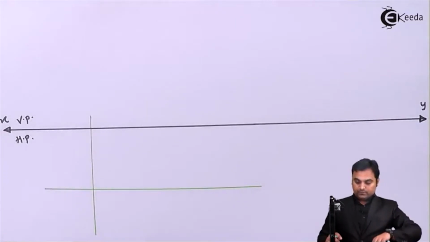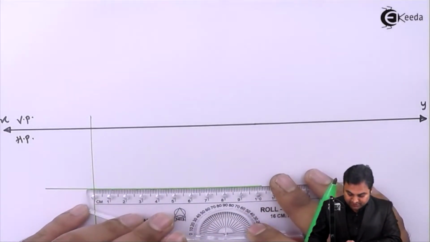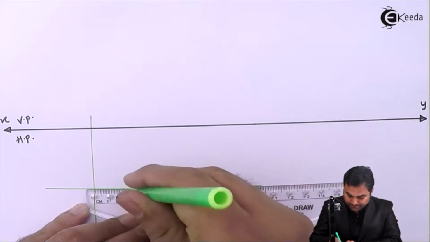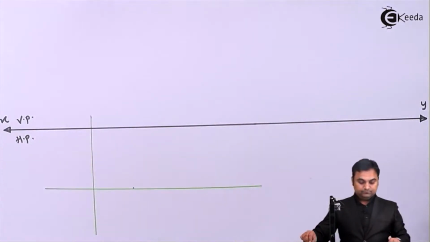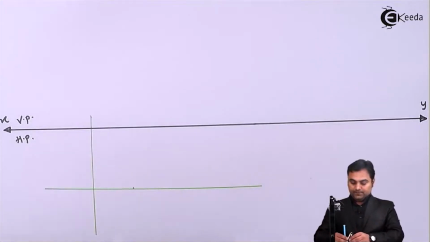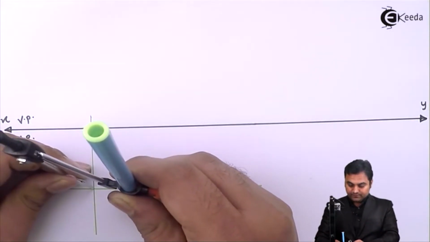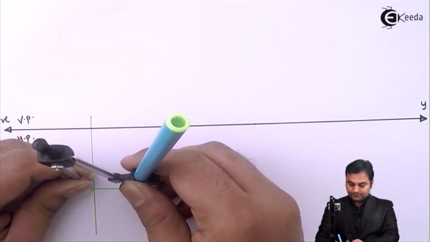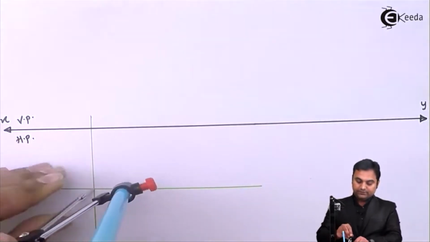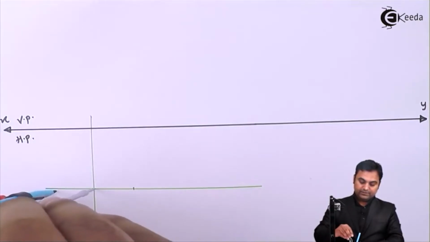So I'll measure the distance as 25. Keeping this 25 as the radius, I need to draw a circle here in order to draw a hexagon.